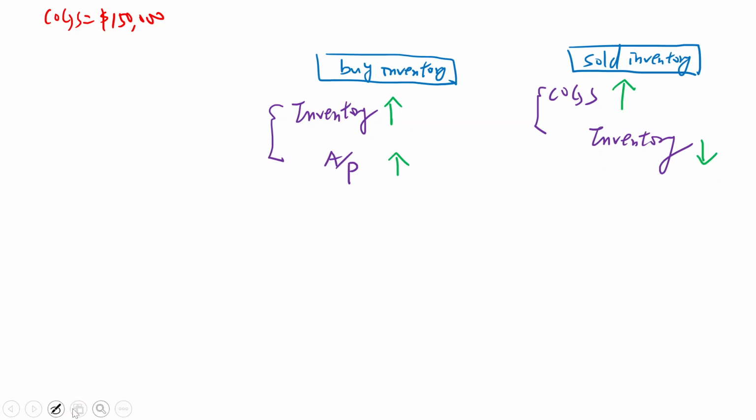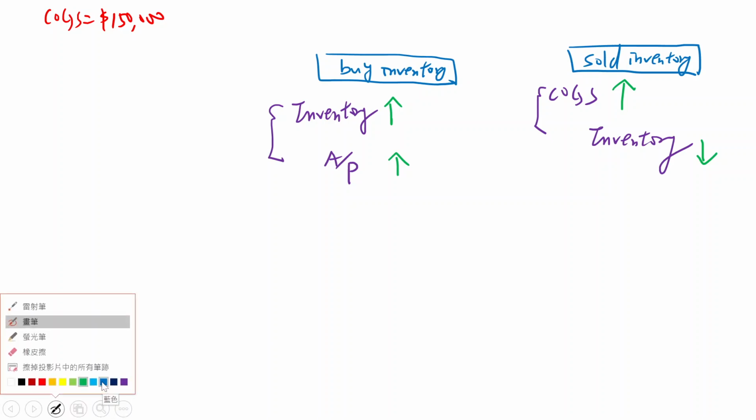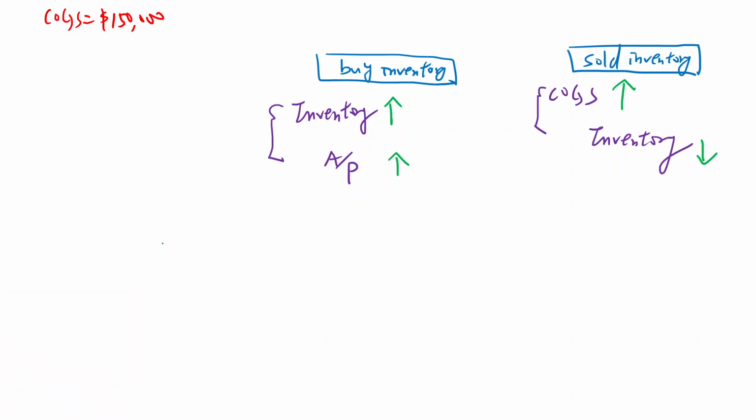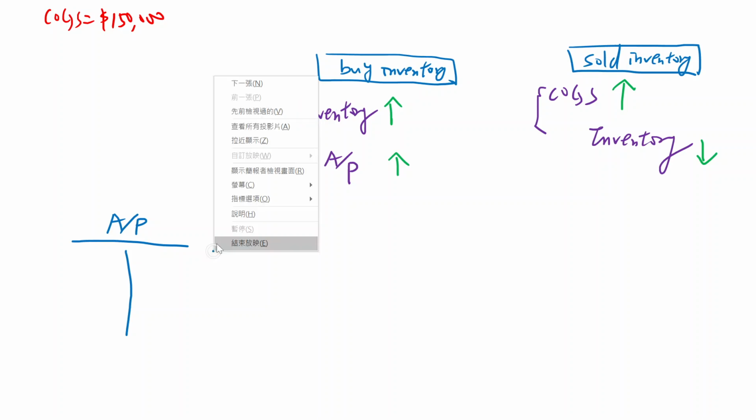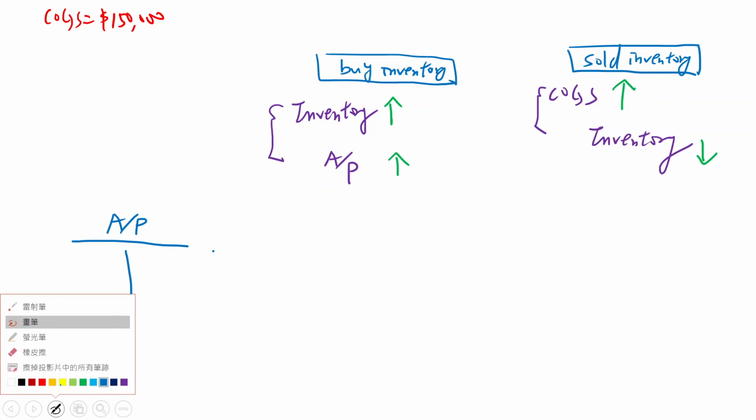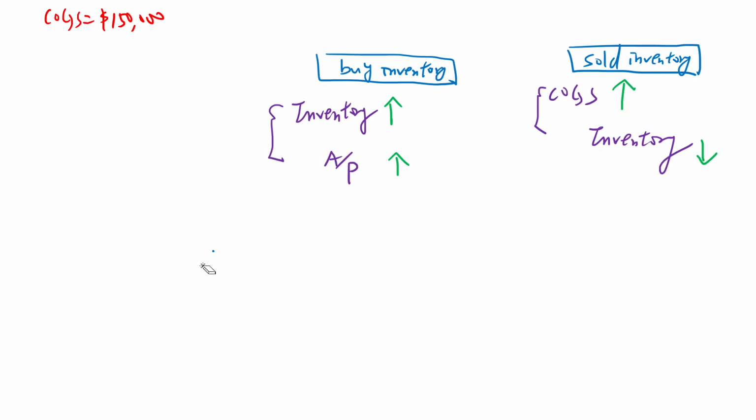Okay, so based on this, we have two tier accounts, right? We have accounts payable and inventory. So we need the help from accounts payable, and also we need the help from inventory.